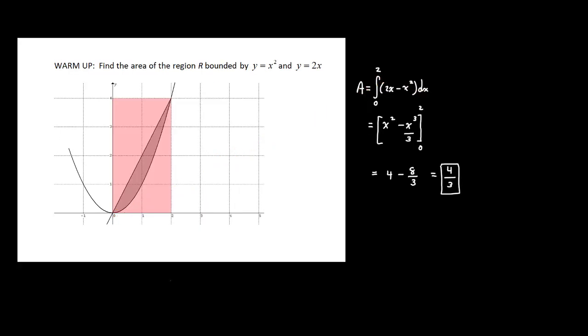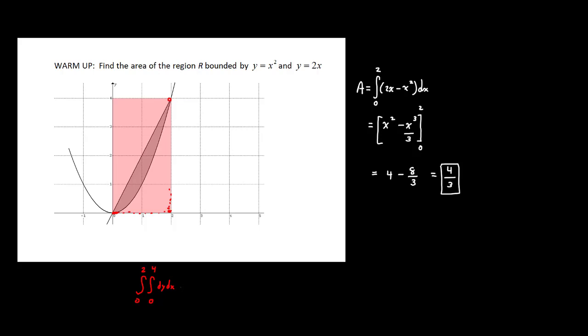So now, if we were to infinitely sum those little squares, summing them from x equals 0 all the way up to 2, and then summing them from y equals 0 all the way up to y equals 4, then I would be going from 0 to 2, and from 0 to 4, of those little squares, which can be represented by dy dx.